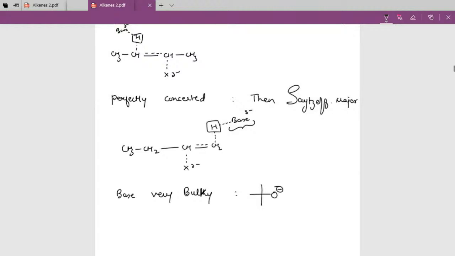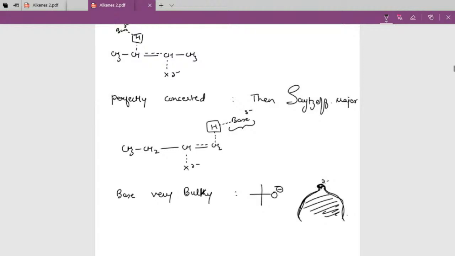O minus certainly is very small, a second group atom, no problem. But as soon as we go to tertiary butoxide, the bulky portion of the base has suddenly increased. It looks more like an English woman's gown: up here it is small, but as soon as it goes down, the whole diameter of the dress increases.